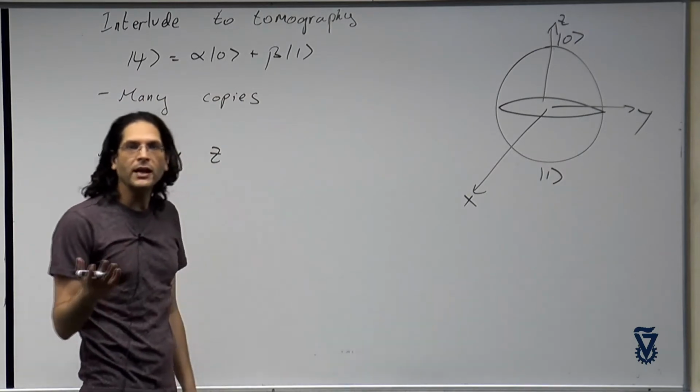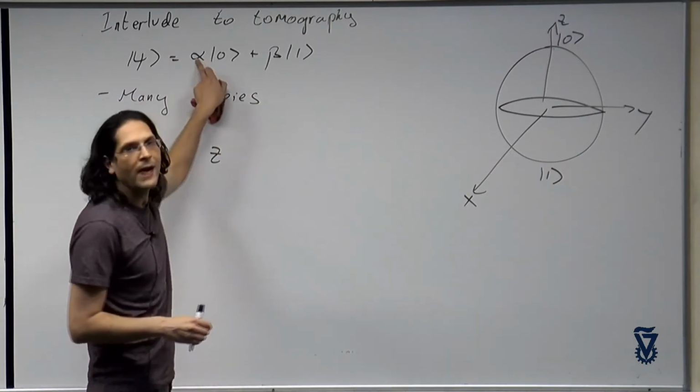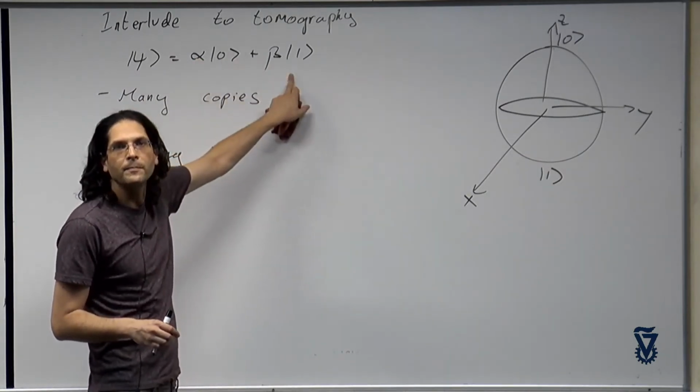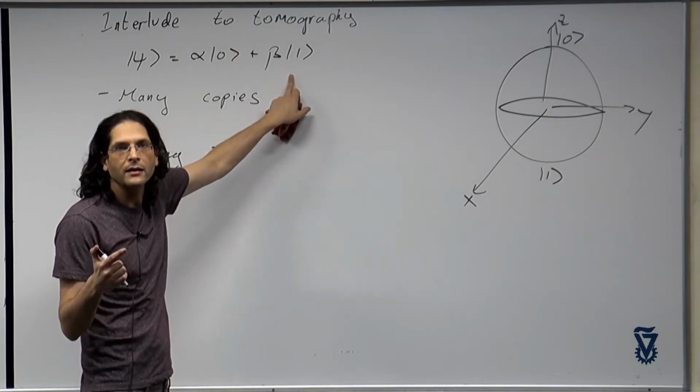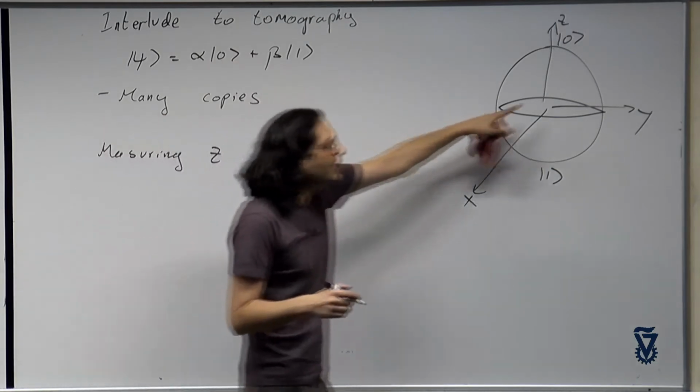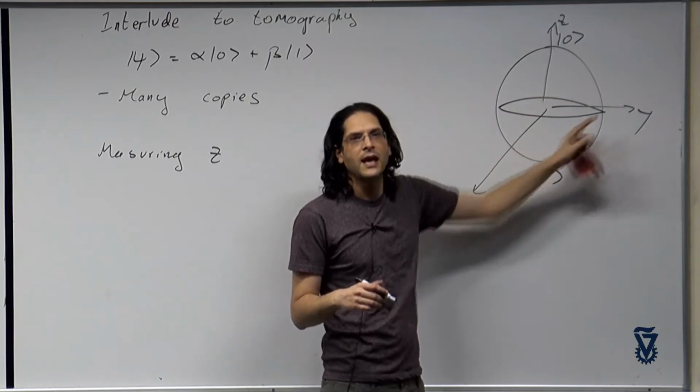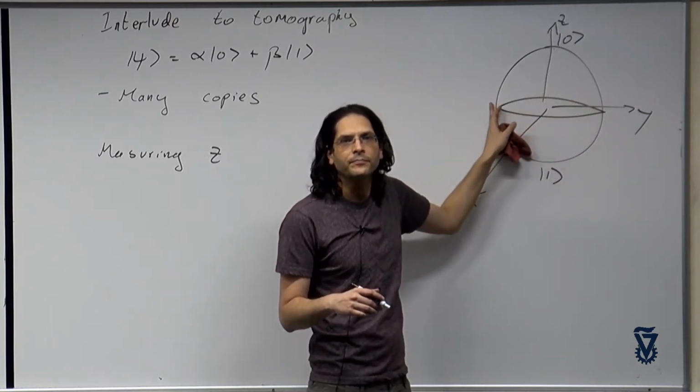But that's all it can give me. It doesn't tell me anything about alpha itself or beta itself. For that, I would also need to measure in the x basis and in the y basis.